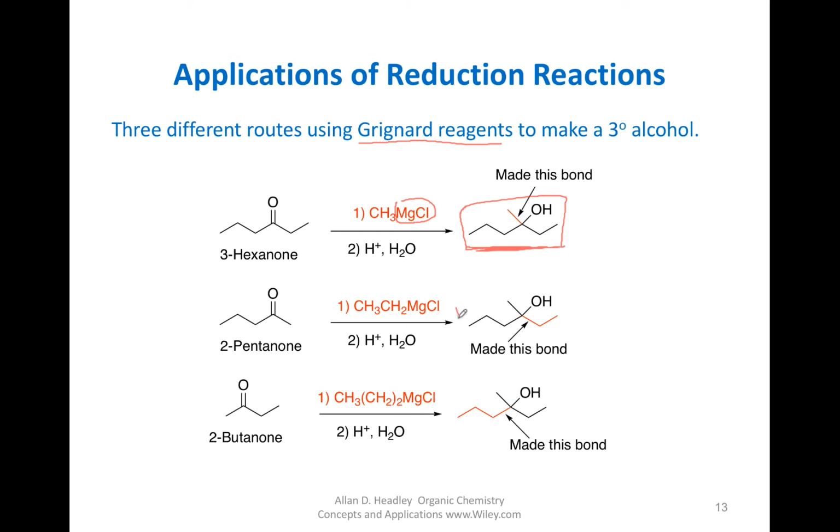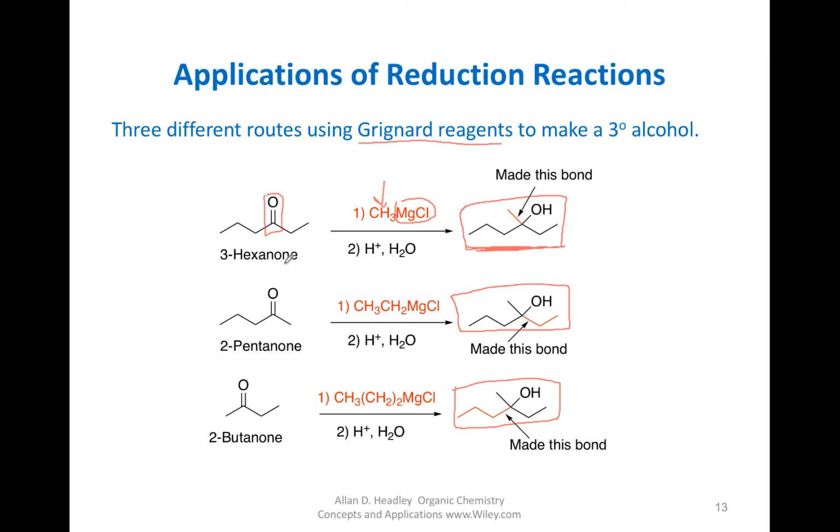Notice these are all the same target molecule. But the point here is that because this is a tertiary alcohol, you can use three different routes to make that tertiary alcohol using a ketone and a Grignard.